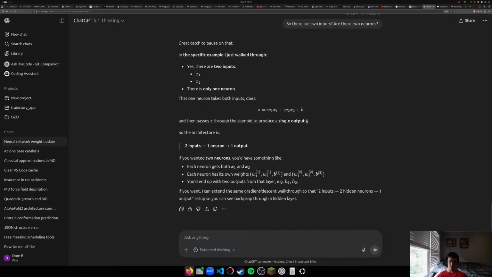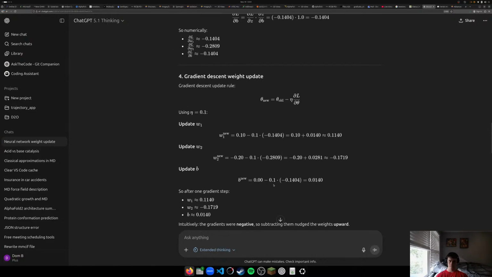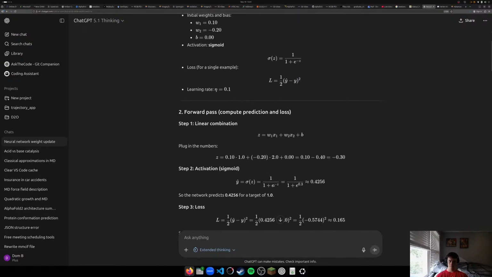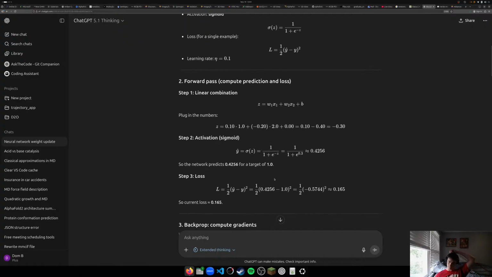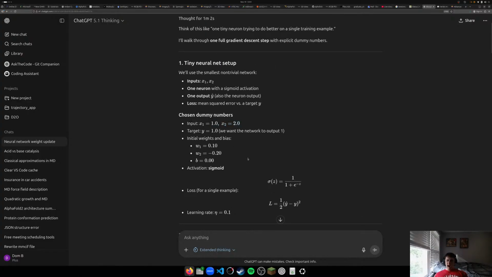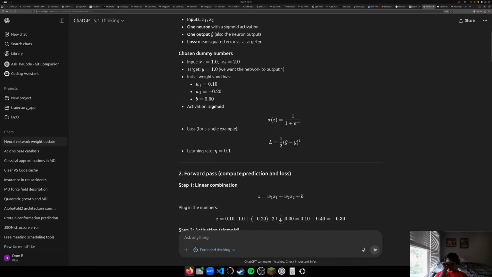What's the point of having two inputs? Why does each input have a weight?